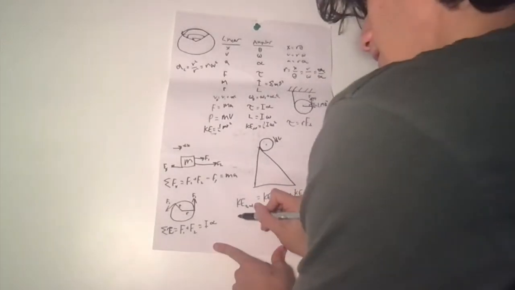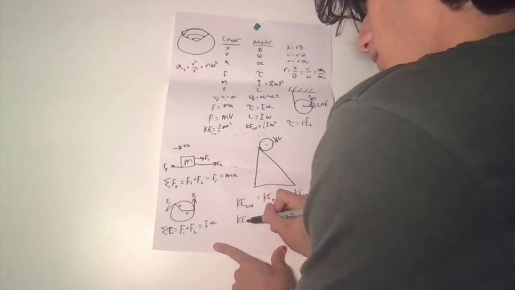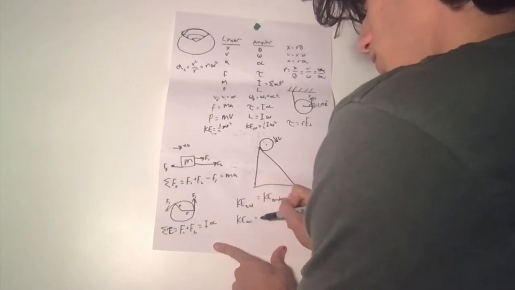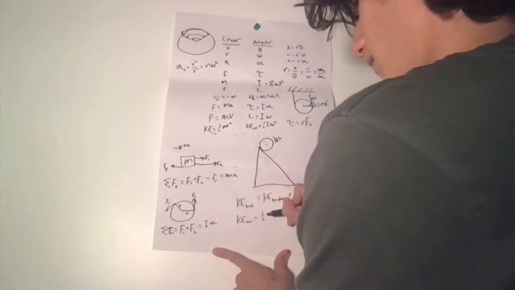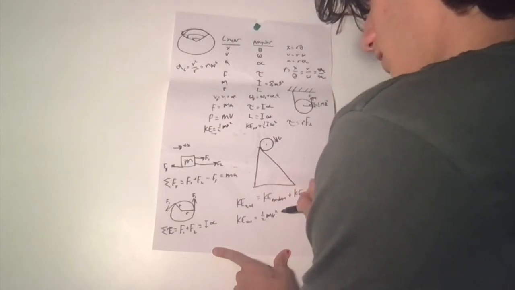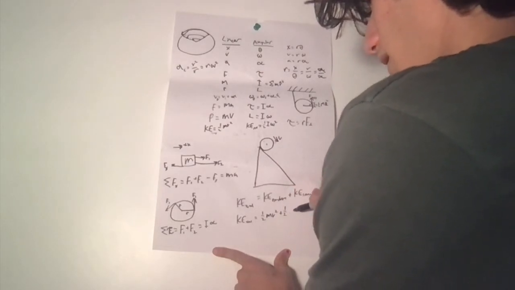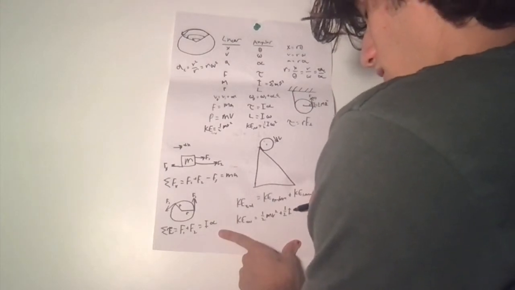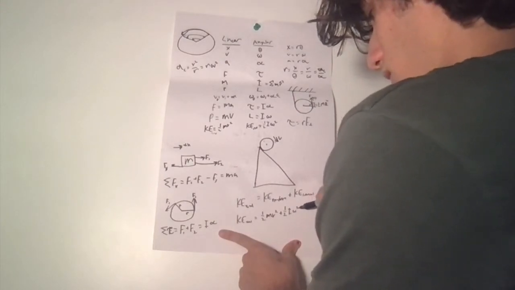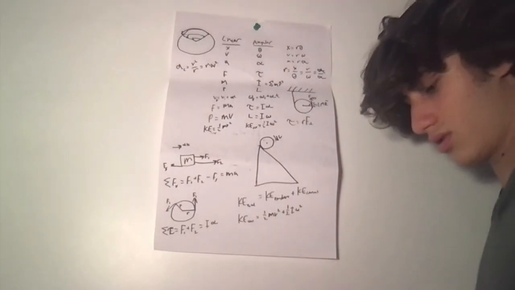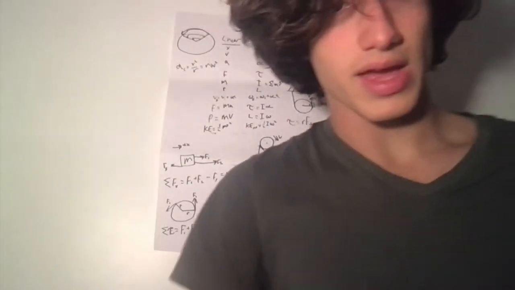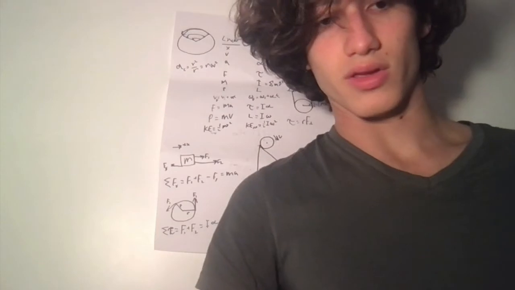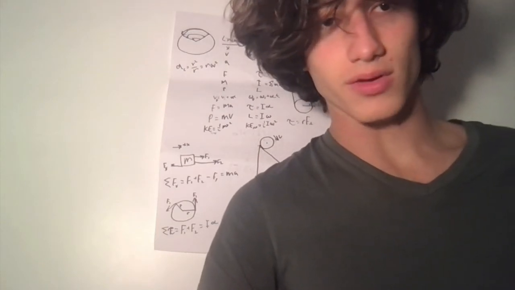So KE total should be equal to 1/2 mv squared plus 1/2 inertia omega squared. And with that, I think we are done with the concepts, and it's time to move on.